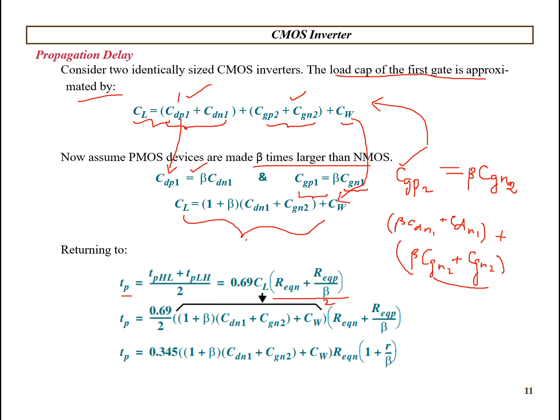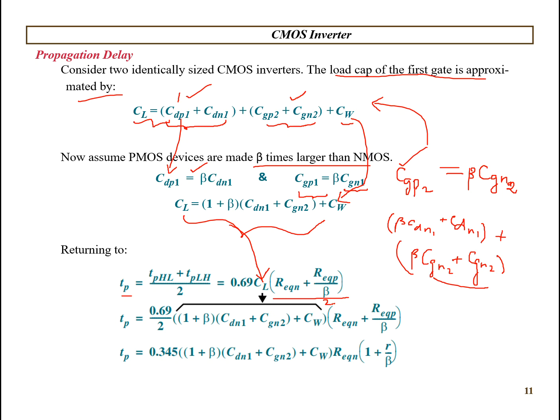For CL you substitute from this equation, and for R equivalent N plus R equivalent P divided by beta. PMOS devices are made beta times larger compared to your NMOSFET, hence the resistance will be reduced by beta times. Hence your R equivalent P can be reduced by beta times.